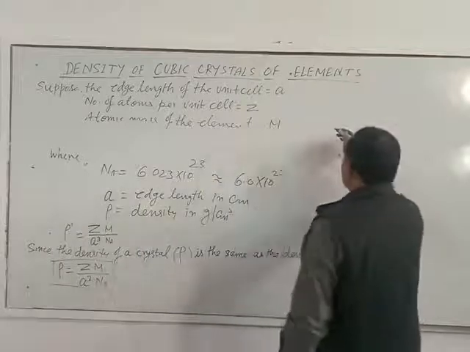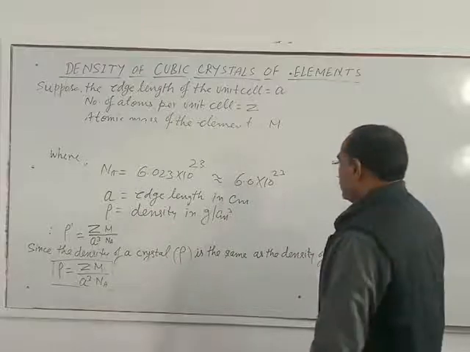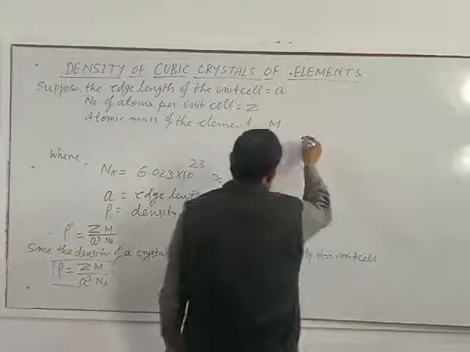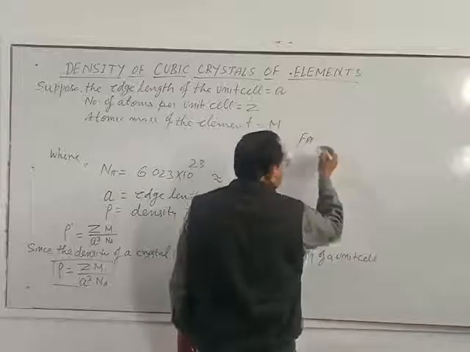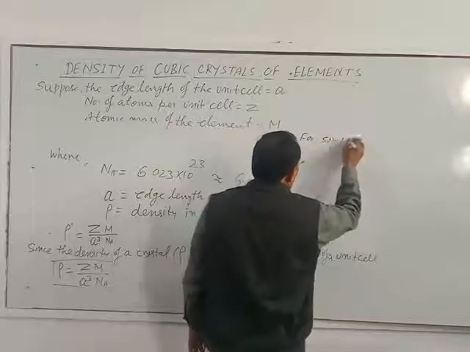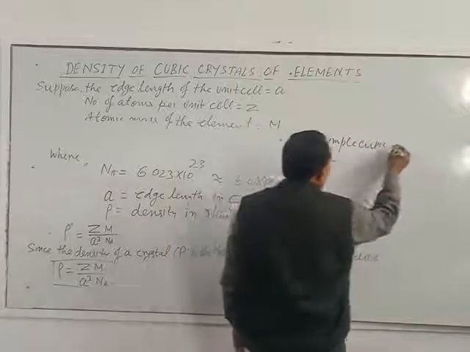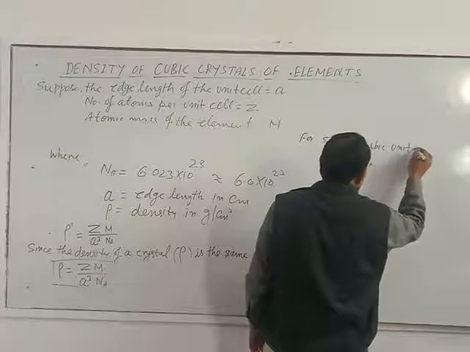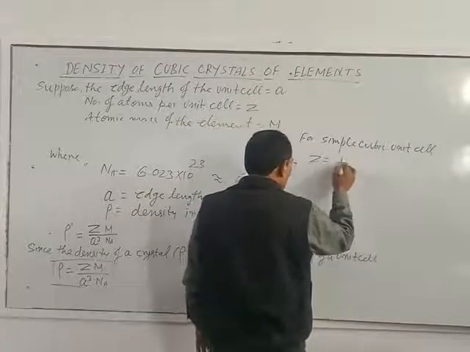Z is already explained, number of atoms per unit cell. For simple cubic primitive unit cells, simple cubic unit cell, Z equal to 1.